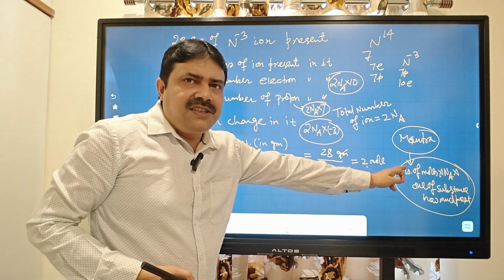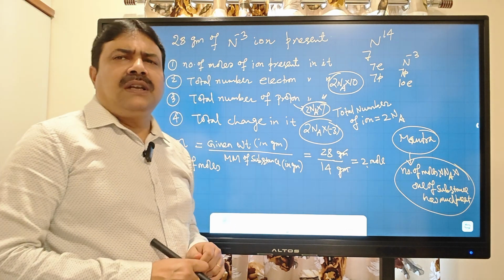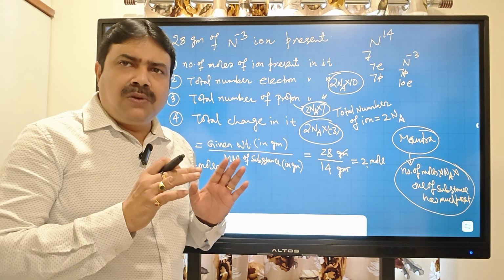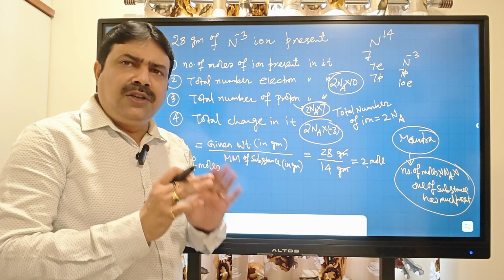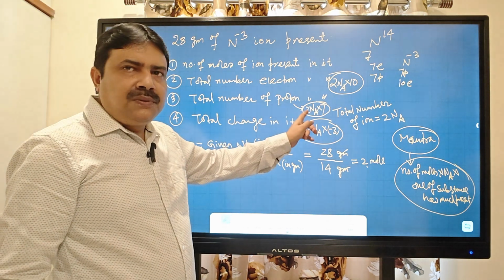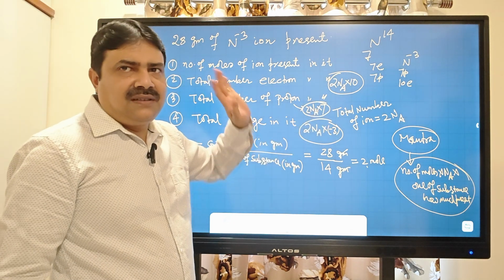That's why I generalize these things by the mantra. If they are asking the total number of electrons, protons, or charge, it is number of moles into Avogadro number into one of the substance. For protons, number of moles 2 into Na into 7.